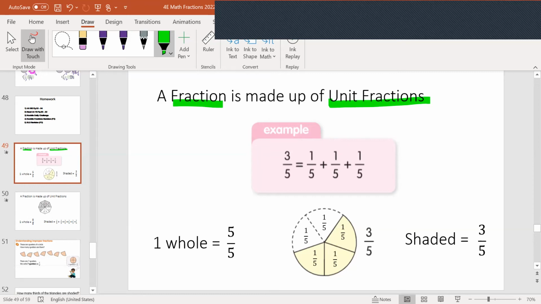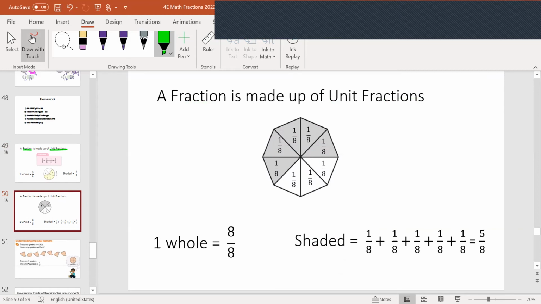And my tip to you is always ask yourself, if I have one whole, what is the denominator? The denominator will tell us the unit fraction. Can you understand what I'm talking about?